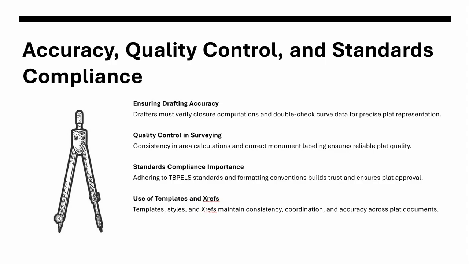Why is this so important? Because consistency builds trust. A plat that follows expected conventions is easier for reviewing authorities, attorneys, and landowners to understand. A plat that deviates, using odd symbols, inconsistent fonts, or missing standard elements, not only risks rejection, but also undermines the credibility of the surveyor's office.